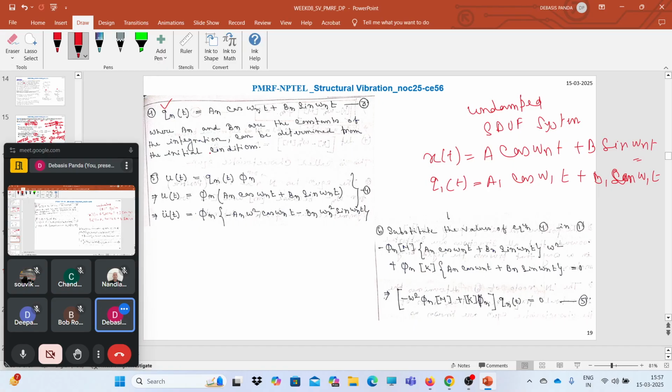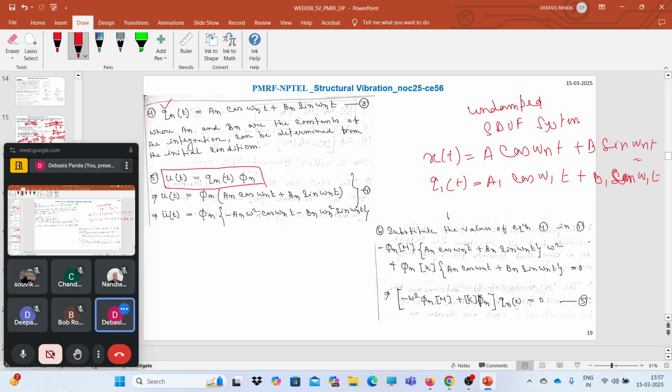Now, the physical response of a system is nothing but the generalized coordinates multiplied by the mode shapes, or we can say the modal response multiplied by the mode shape.